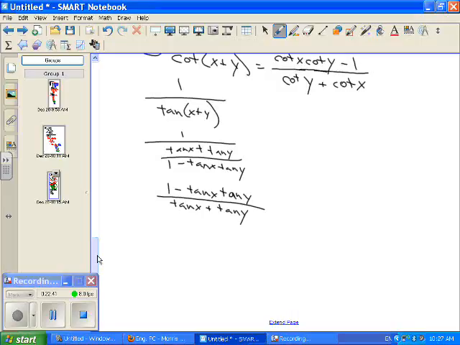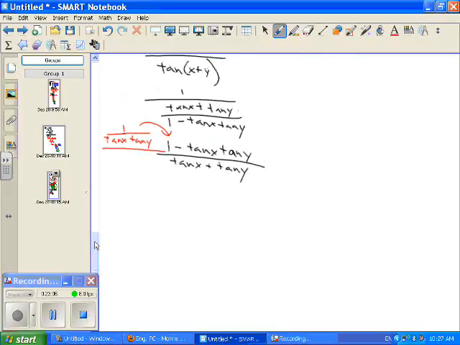So if I multiply the top by 1 over tangent x tangent y, then I have to do the same thing in the bottom. Because if I have 1 over those two things, that's really cotangent of x and cotangent of y, just like I have up here. And as long as there's no other cotangent, it's going to be okay. So this is actually going to work out pretty nice for us.